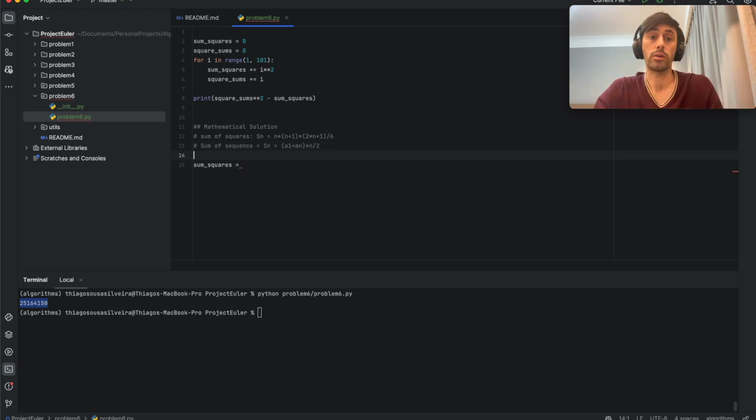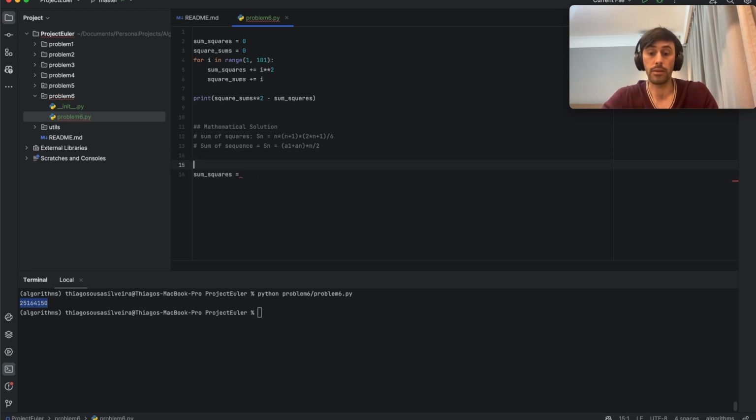So we can use these two calculations to find this. In the case of the sum of the squares, we can just write this calculation as stated here: n multiplied by n plus 1 multiplied by 2 multiplied by n plus 1, divided by 6. And in this case, n is equal to 100.